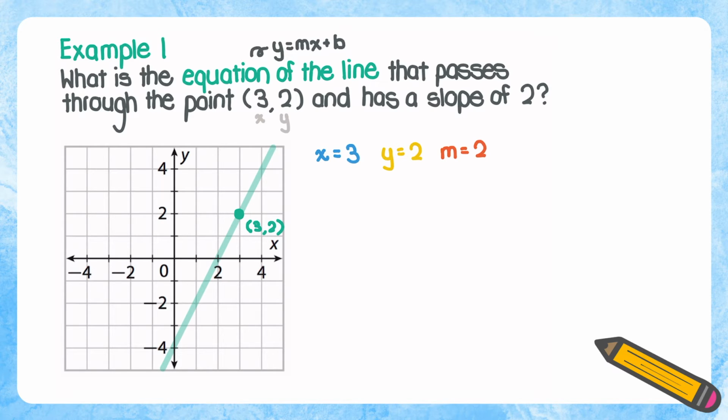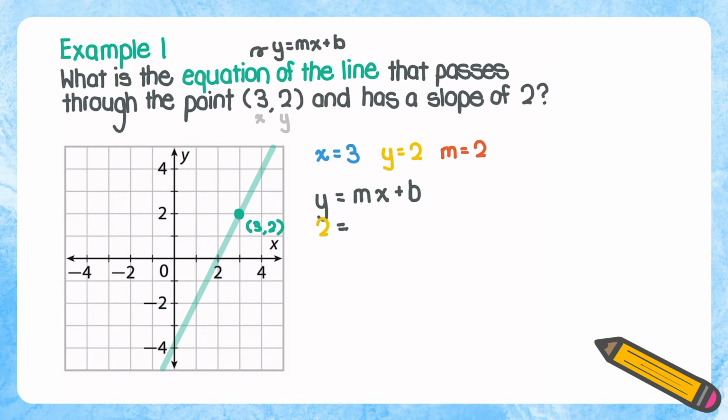So the line in slope-intercept form, let me write it here again, is y equals m times x plus b. And notice here, I can replace y, m, and x, but I don't know b, so that's what we have to find. So I'm going to replace y with 2.